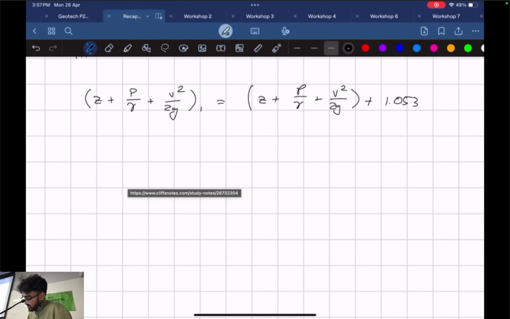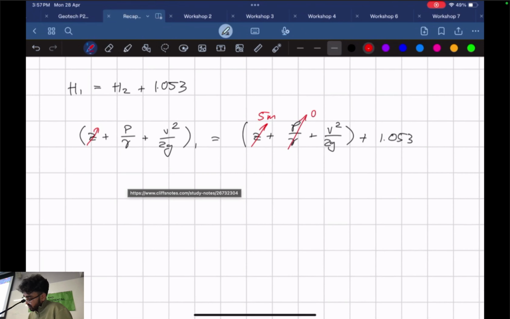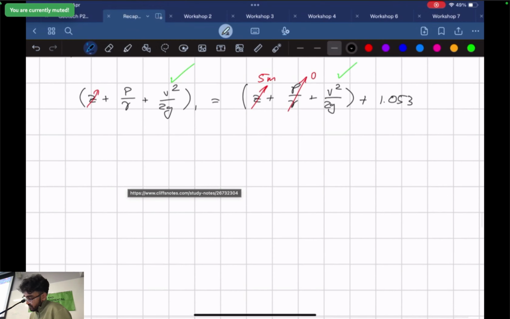So we know what Z2 minus Z1 is. This is gonna be 5 meters. You know this is 0. We know what V2 is. We know what V1 is, right? Assuming that they stay constant. We're gonna work with that assumption. Otherwise, you can't actually solve the question. So what we're trying to find is going to be P1.